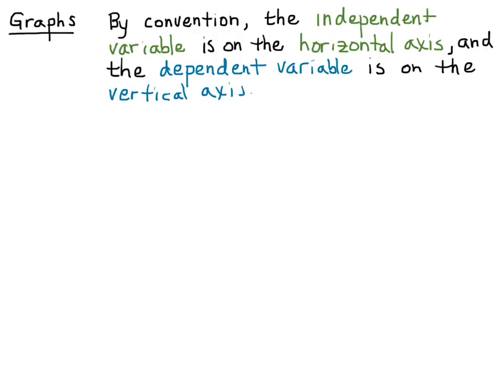Okay, so let's talk a little bit about graphs. There's any number of ways to make graphs, and if you look in the newspaper, you'll see really great and really terrible graphs. USA Today in particular is known for making graphs that don't make really good sense. They like to make very colorful ones, but sometimes they're very confusing. But by tradition or by convention, we usually use the horizontal axis to show the independent variable, and the dependent variable is on the vertical axis.